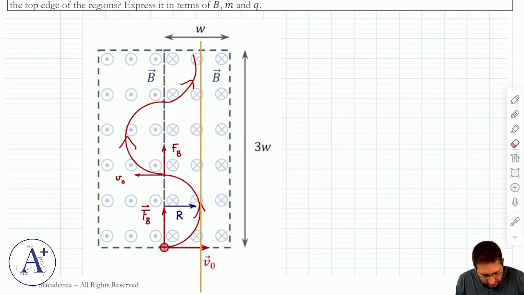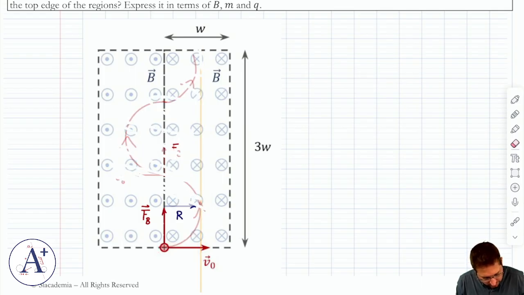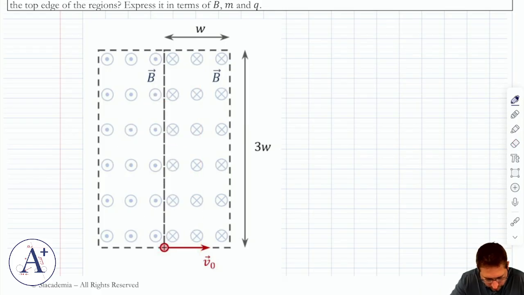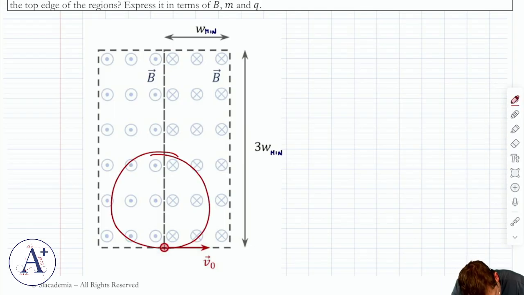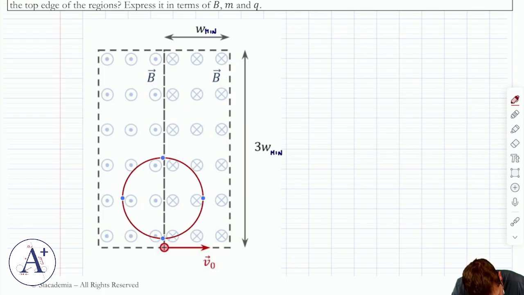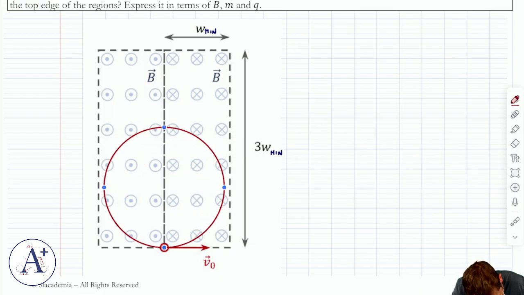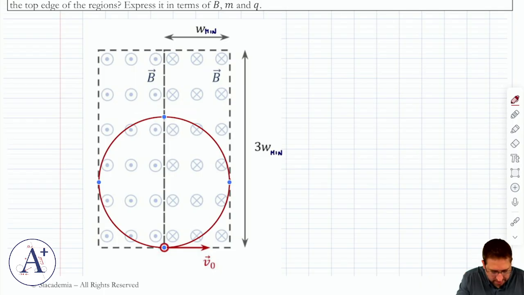So let me erase this so that we can draw this thing to scale. And what I'm going to do is say, okay, let's assume that this is now W min, and this is 3W min. Now this proton, if the width is W min, that is the width for which the proton just reaches the edge and grazes the edge and then curves back in, right?